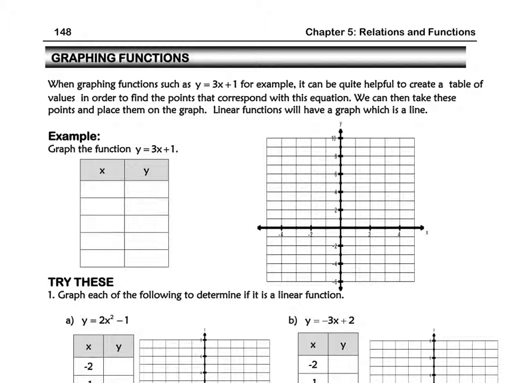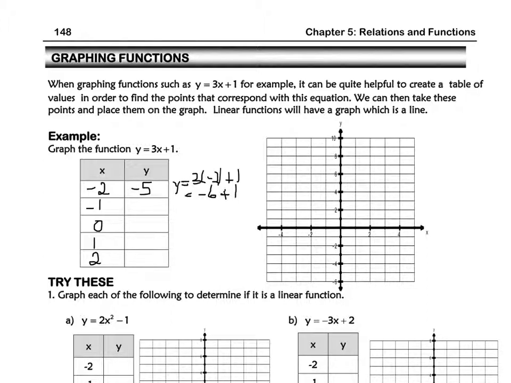So if we take some possible x's for this particular equation, we can choose -2, -1, 0, 1, and 2. And if we plug in -2 into the equation, we would have, just doing our workings off to the side for the first couple, 3 times -2 plus 1, which would be -6 plus 1, so that would be -5.